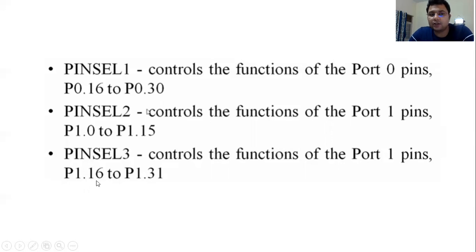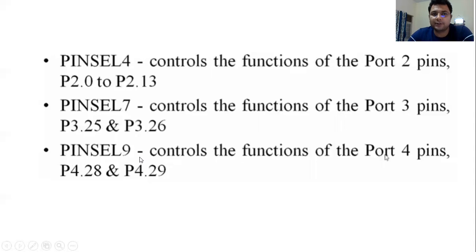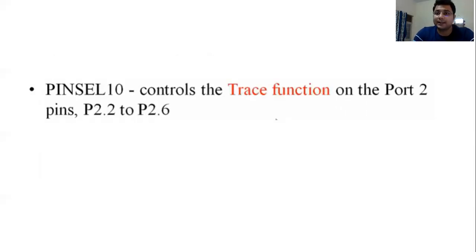Pin select 3 for 16 to 31. Likewise, pin select 4, 0 to 13 for port number 2. So in this way you can see. That is about the pin select register.